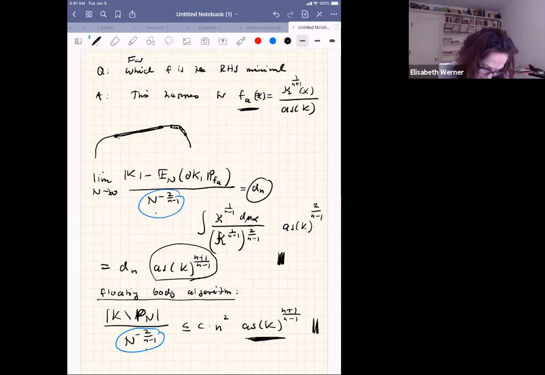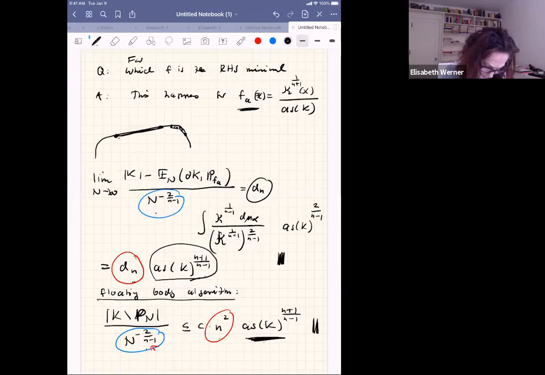The difference is potentially only in comparing this constant dn with the n squared. Maybe I shouldn't say yet that it's optimal, because we don't see this yet. We will see this in a second. So a potential difference is only in the dependence on the dimension.